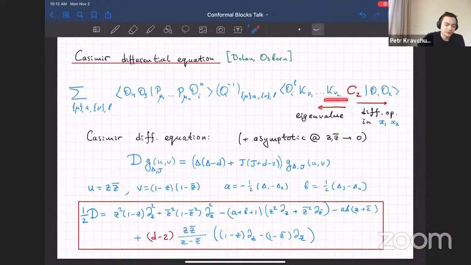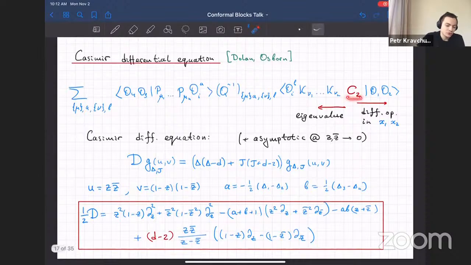One way, we can compute its action on the left on the primary O_I, and as we just discussed, it is going to act by an eigenvalue. But on the other hand, we can compute its action on the right. Acting on the right, it acts on 2 operators, O1 and O2, so it's not going to be an eigenvalue.